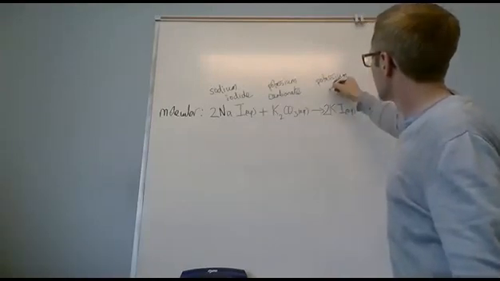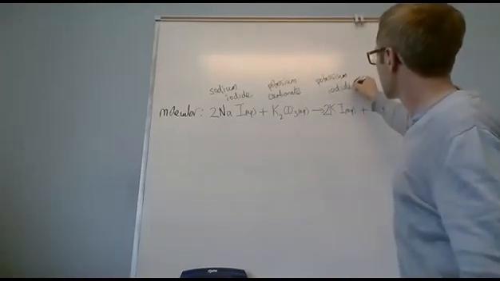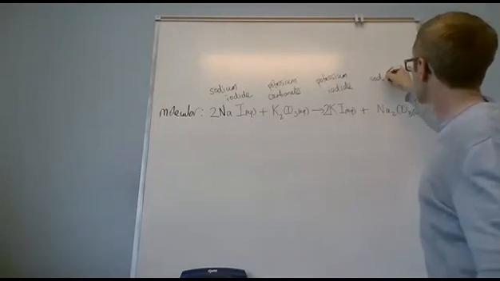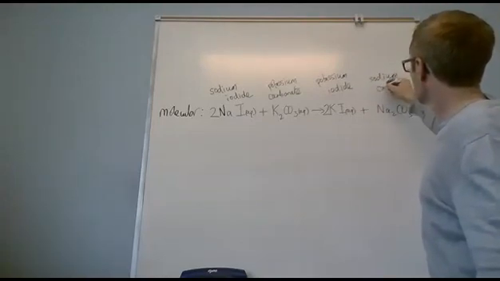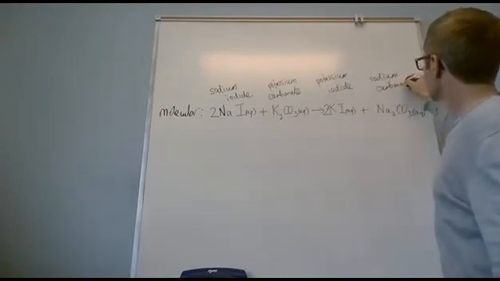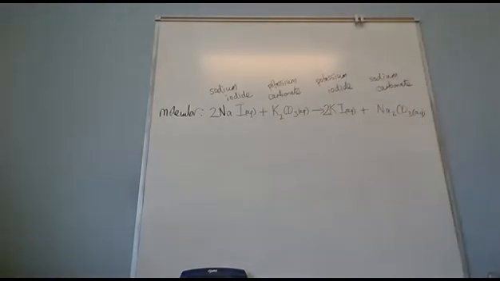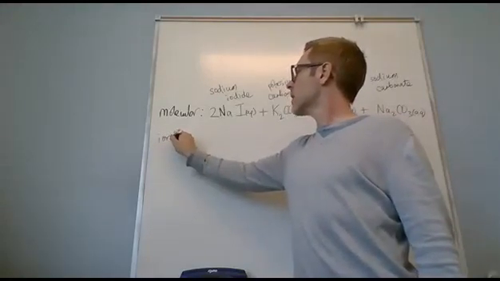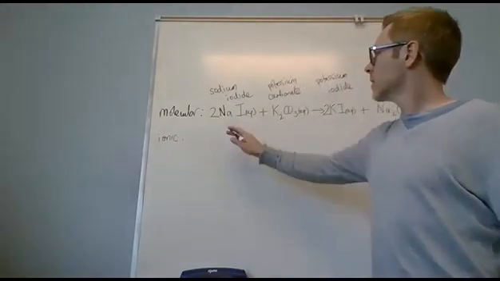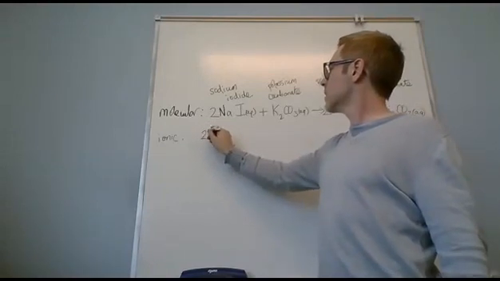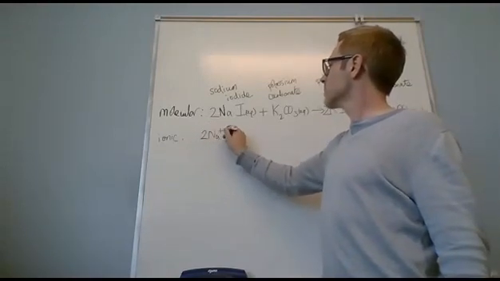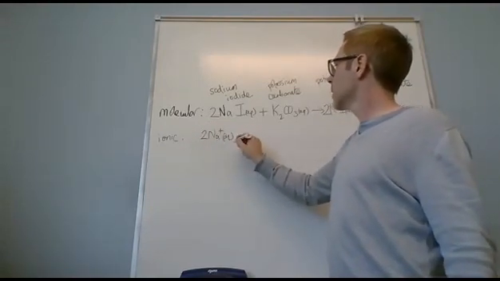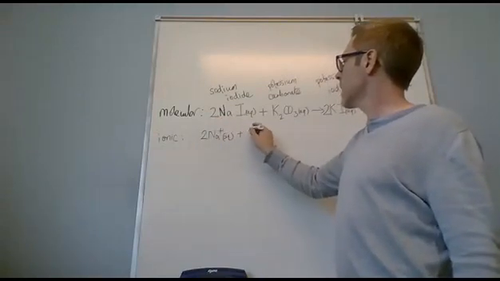Potassium iodide and sodium carbonate. Okay. Let's write the ionic equation. Got two positively charged sodiums and two negatively charged iodides.